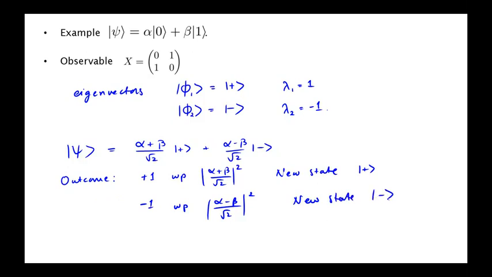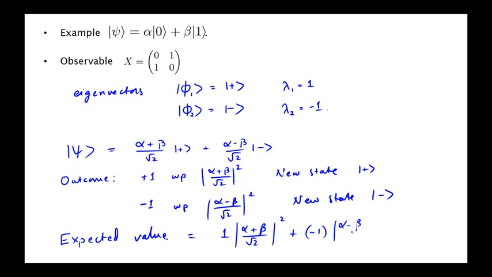We could also ask, what's the expected value of the outcome? Well, if it's plus 1 with this probability, minus 1 with this probability, the expected value of the outcome of the measurement is just 1 times alpha plus beta over square root 2 magnitude squared plus minus 1 times alpha minus beta over square root 2 magnitude squared. Okay.